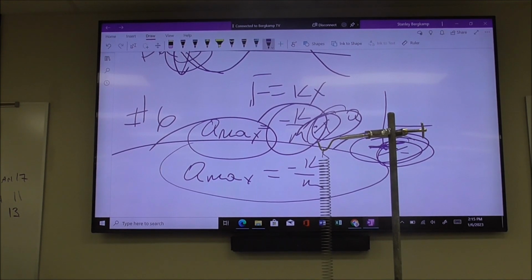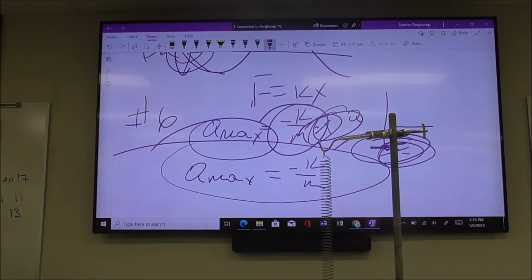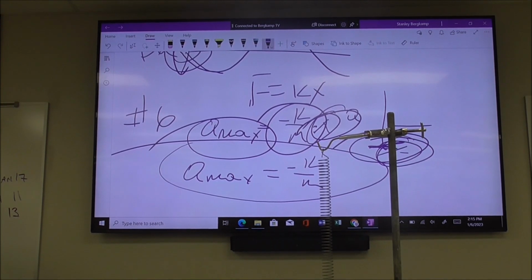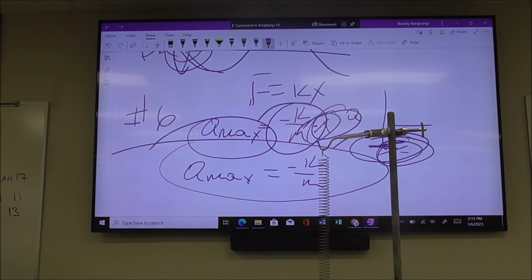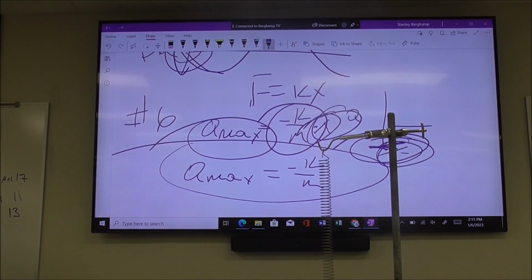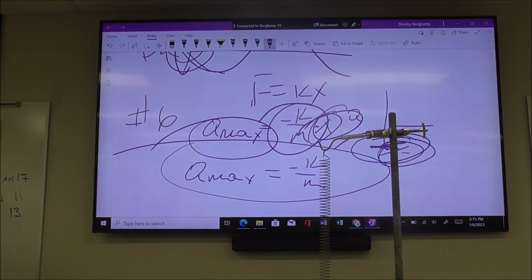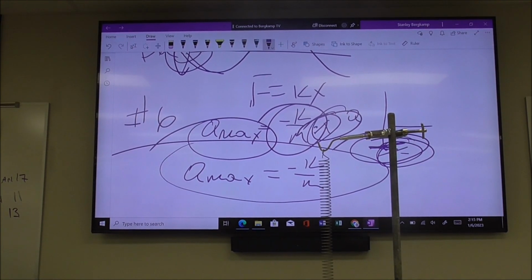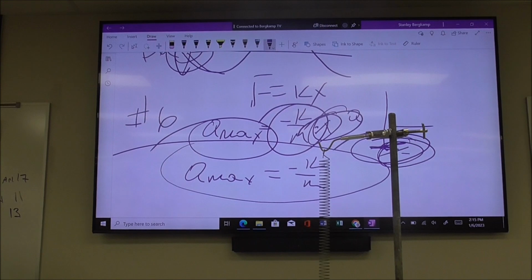756.5. You plug in this for the amplitude.